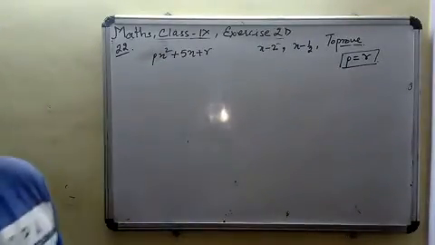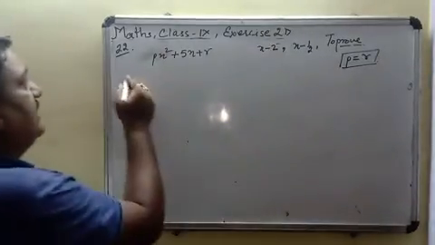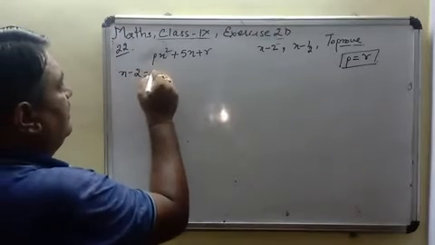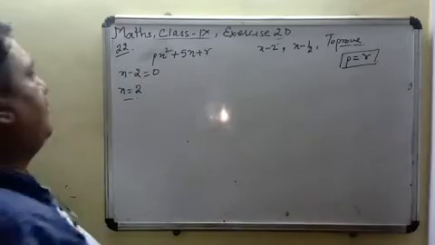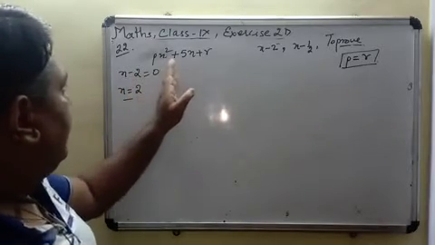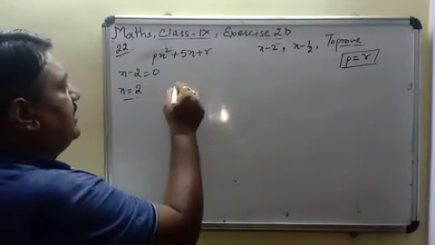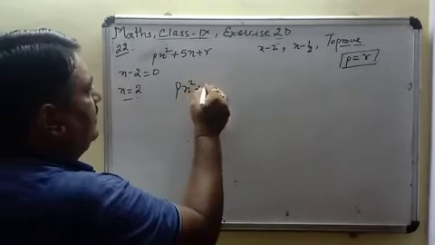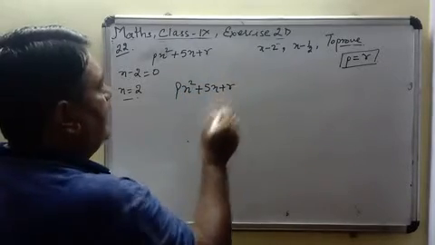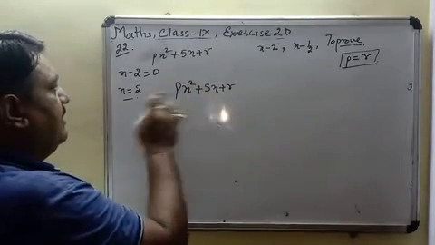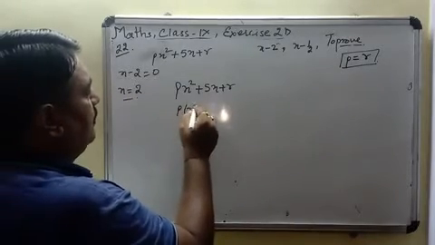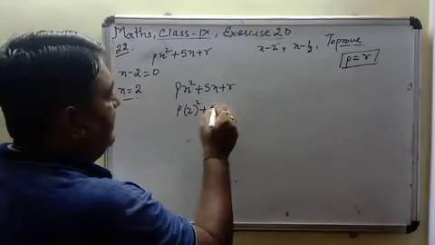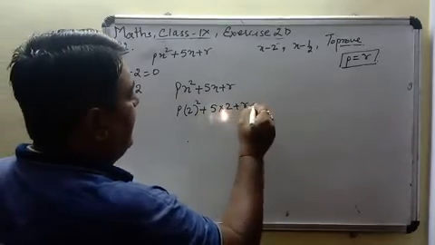Now first consider this, x minus 2 is 0, therefore x equals 2. Now put the value of x in this polynomial. The polynomial is px square plus 5x plus r. x की जगह पे I am going to put 2 over here. p into 2 square plus 5 into 2 plus r equals 0.